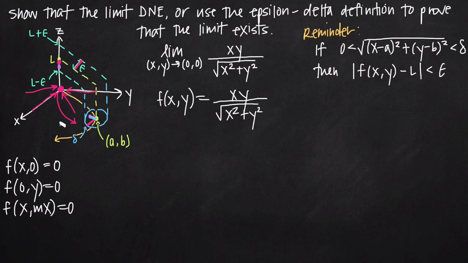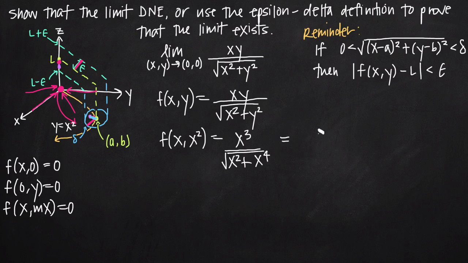So if we have y equals x squared, then we're going to plug x squared in for y, and we're going to say f of x comma x squared is going to be equal to, plugging in x squared for y, x times x squared, or just x cubed, and in our denominator we get the square root of x squared plus x squared. When we plug it in for y and square it, we get x to the fourth, like this.